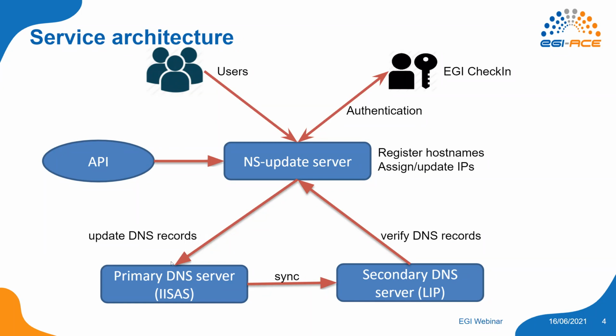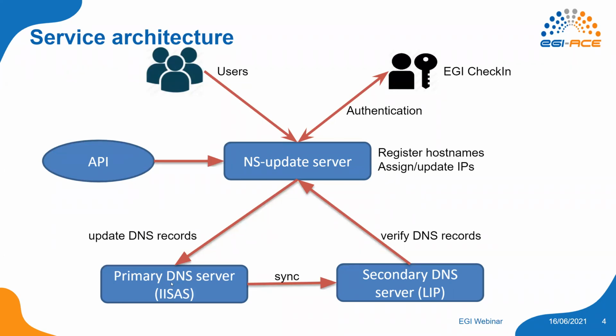When the IP is updated, the DNS record is updated on the primary DNS server, located in Slovakia, and on the secondary DNS server, located in Portugal. The NS updater server will verify that the servers updated the DNS record correctly.